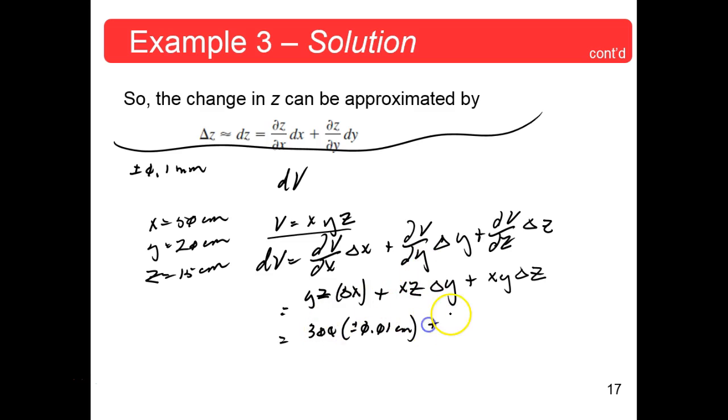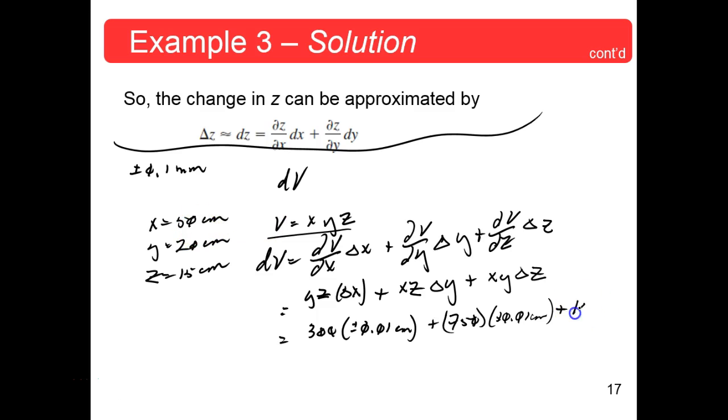Plus xz would be 750 times plus or minus 0.01 centimeters, plus xy, which would be 1,000, wouldn't it?